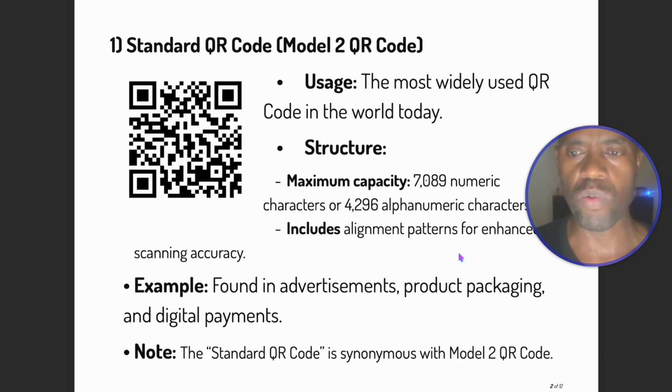This is the most widely used QR code in the world today. It has this maximum capacity, and it includes alignment patterns for enhanced scanning accuracy. You will find it in advertisement, product packaging, and digital payments.